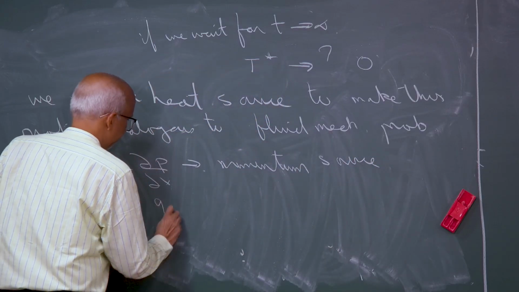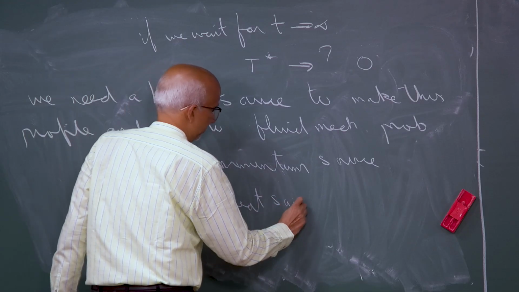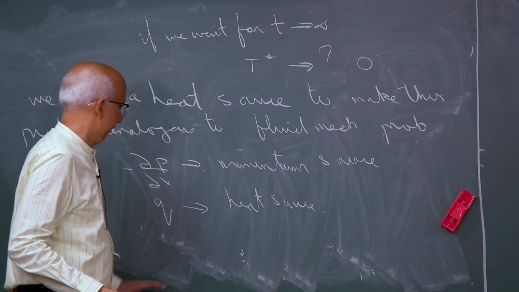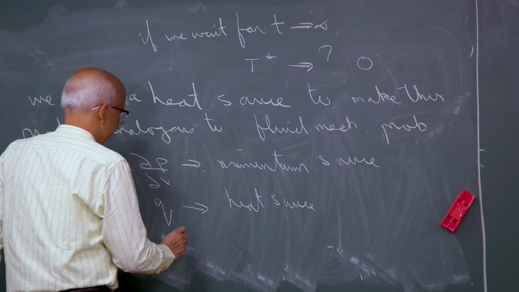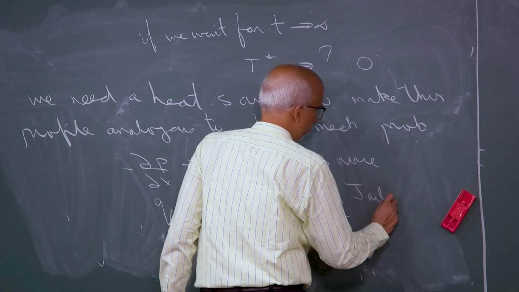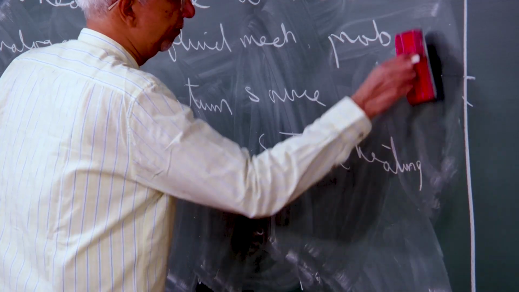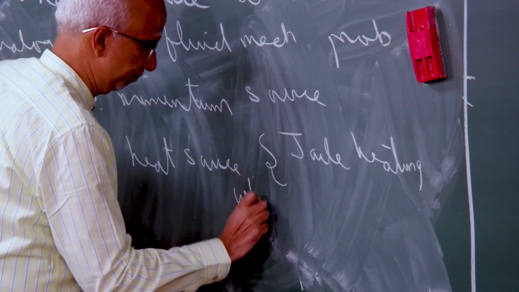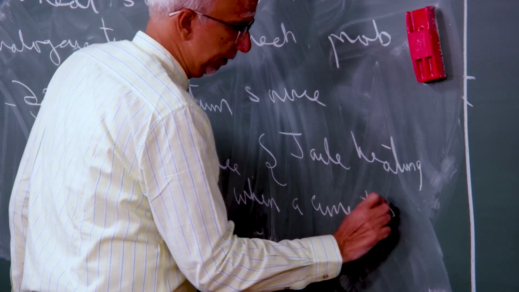So Q is the heat source, heat source per unit volume, and this can come by, let us say, Joule heating when a current is passed.